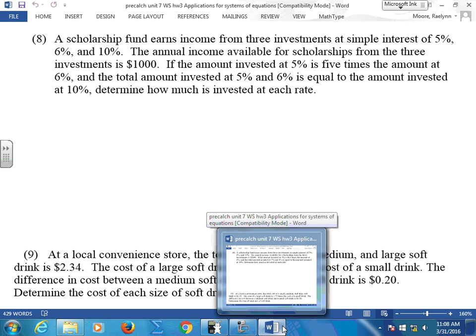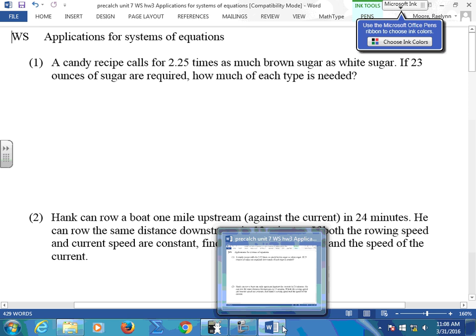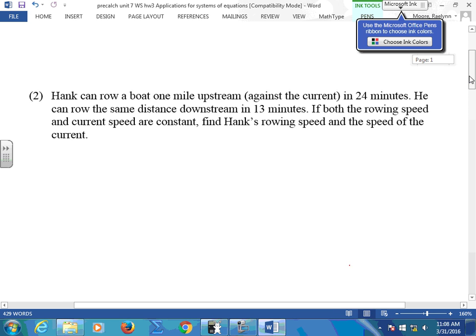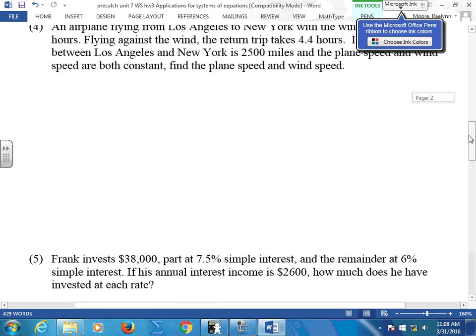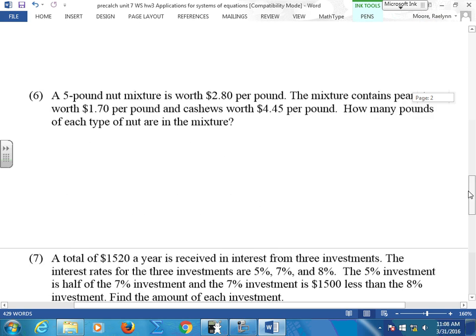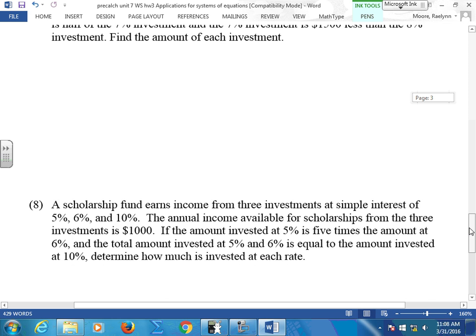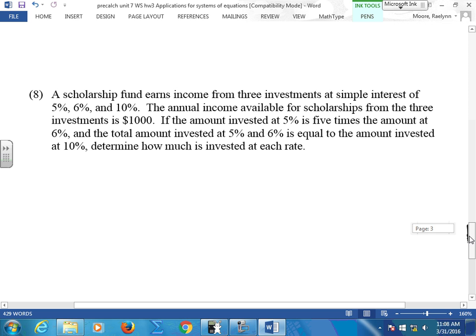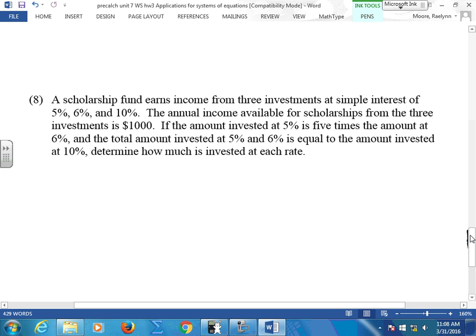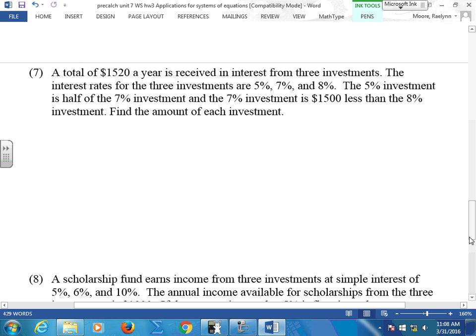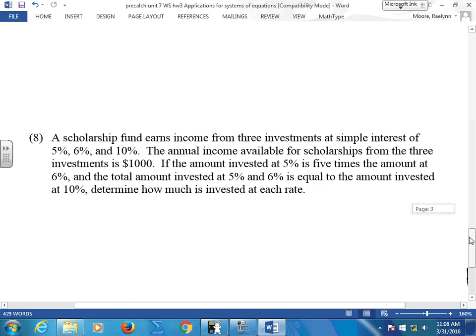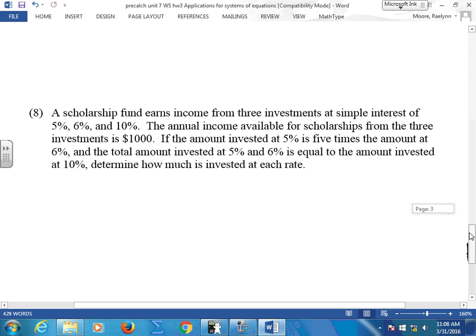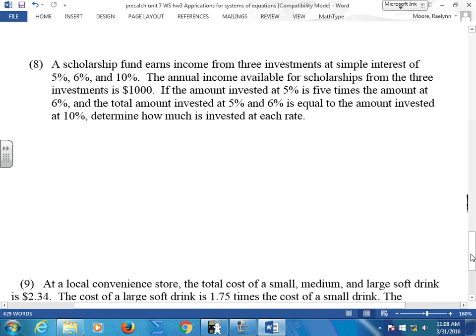Let's see if this works better. Okay. A scholarship fund earns income from 3 investments. Come on, I'm taking the time to do this with you. You should have the decency to do this with me. Anybody taking a look at this before we start, maybe?